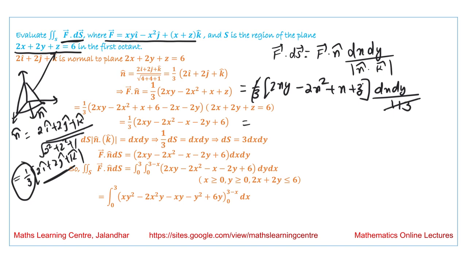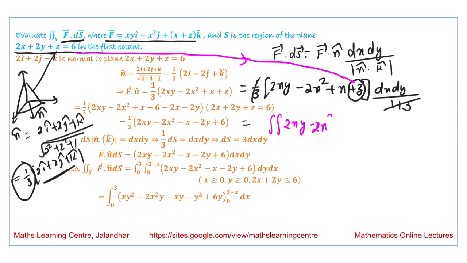Now we want to remove this z from here. To eliminate this z, we are using this equation. So our integral becomes the double integral of 2xy minus 2x square plus x, in place of z we are writing plus 6 minus 2x minus 2y, times dx dy.